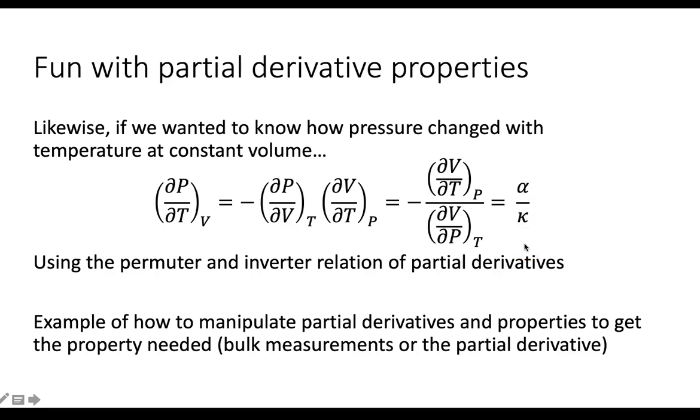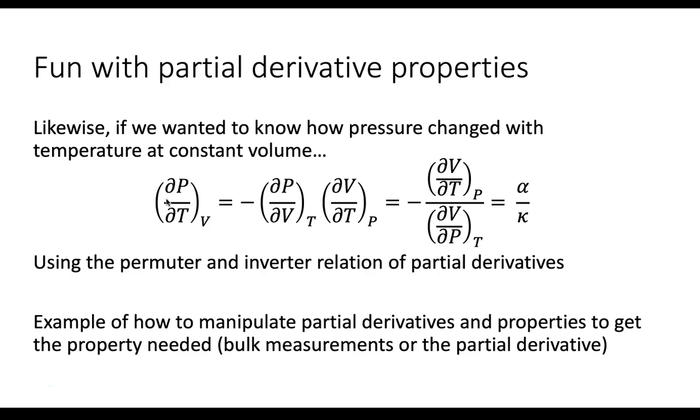So if we already have these known properties in a table, we could relate them back to that partial derivative. This is another example in thermodynamics of a mathematical construct which allows us to manipulate from what we know to what we want to know.